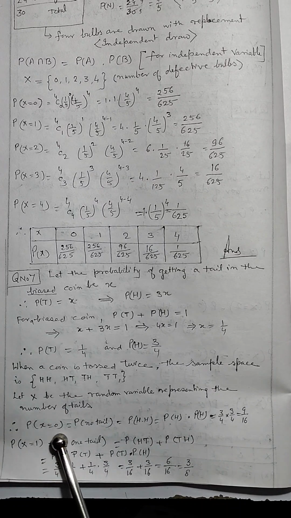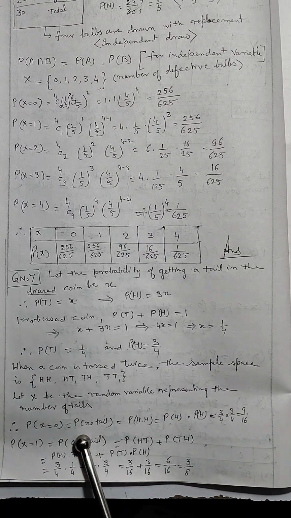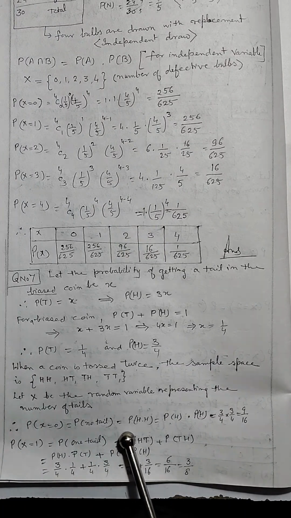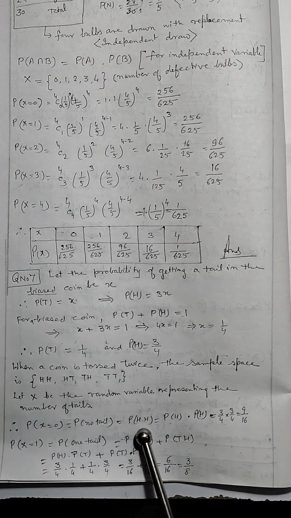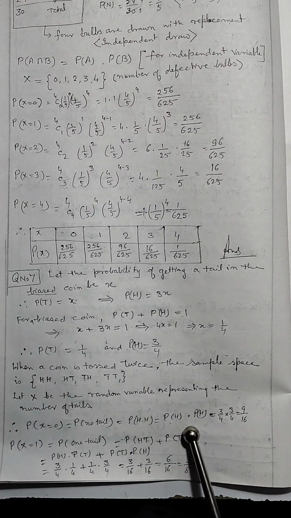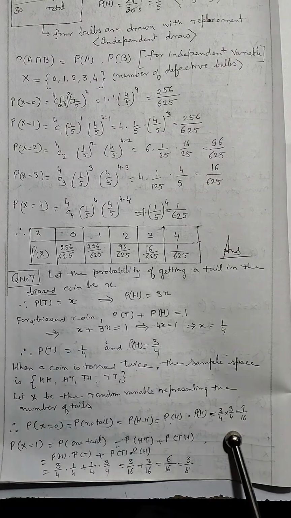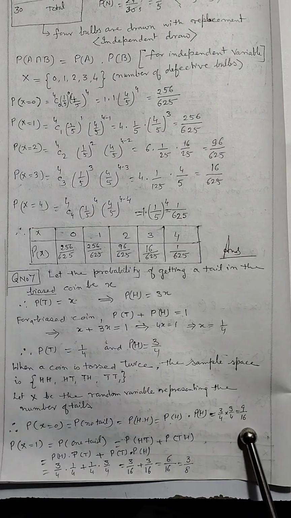Probability x equal to 0 means the probability of no tail, that is probability of head head, probability of head into probability of head, which is 3 by 4 into 3 by 4, and it will be equal to 9 by 16.